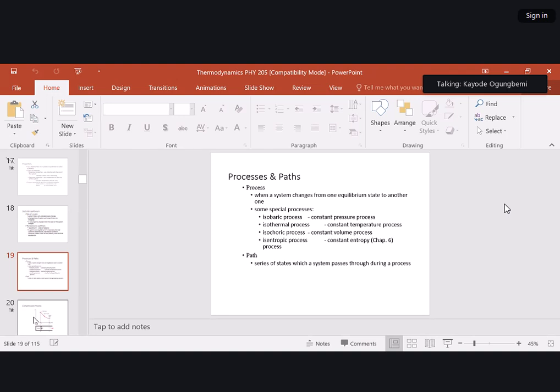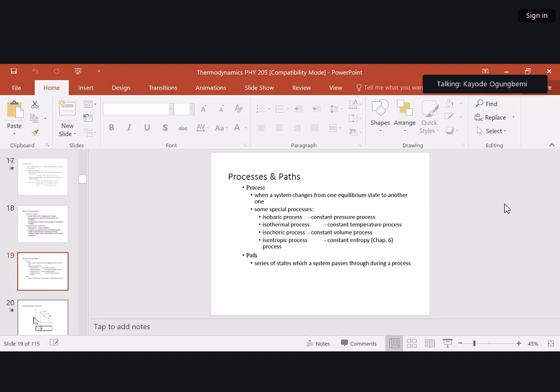Isochoric implies constant volume. So that is also a process. Isentropic process, constant entropy. Those are the different processes we talk about.